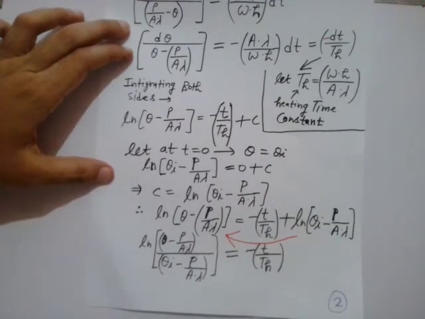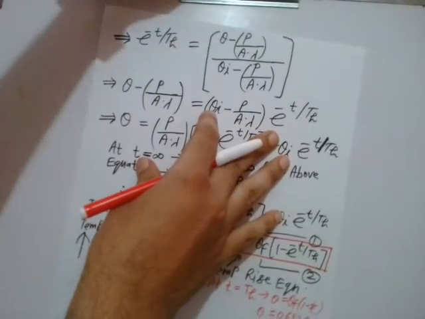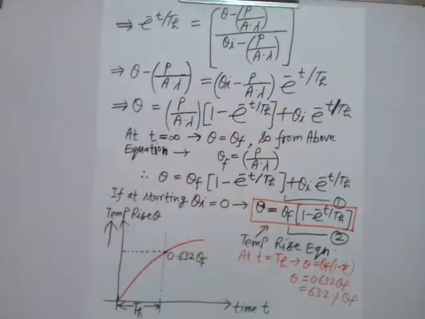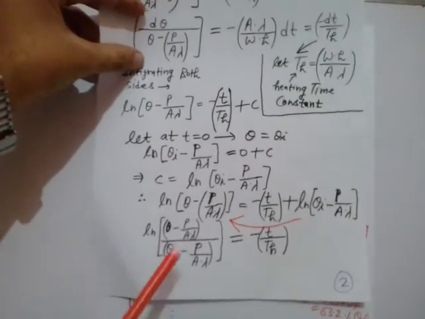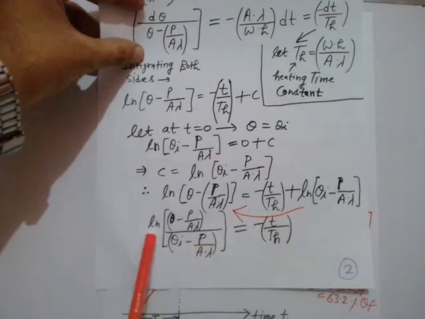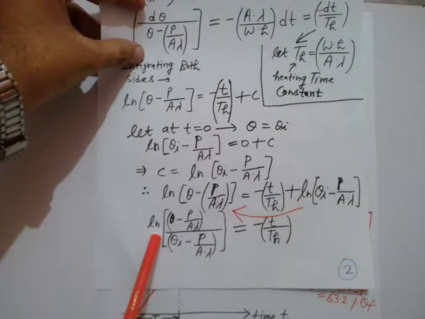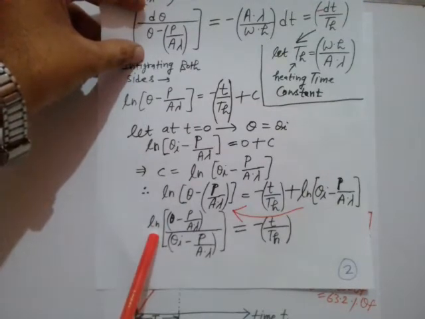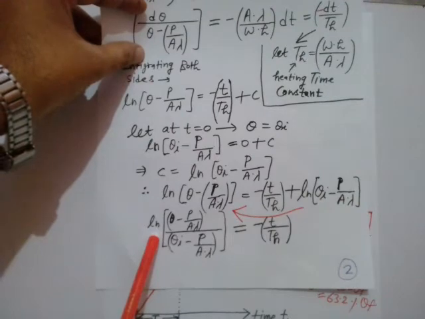You understand? Okay. Now the next step would be to solve this equation further. This is natural log, that means the base is e, which is 2.7182818.